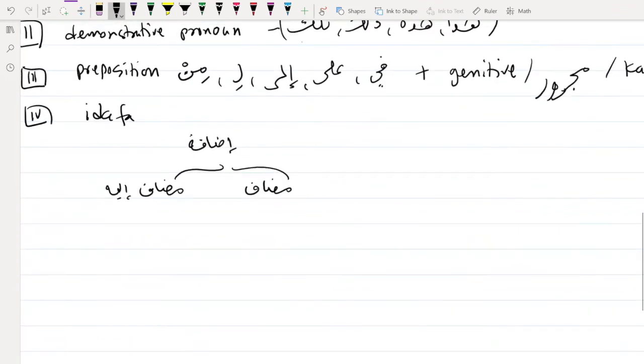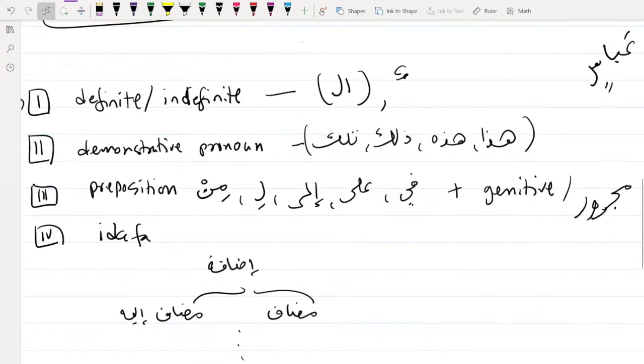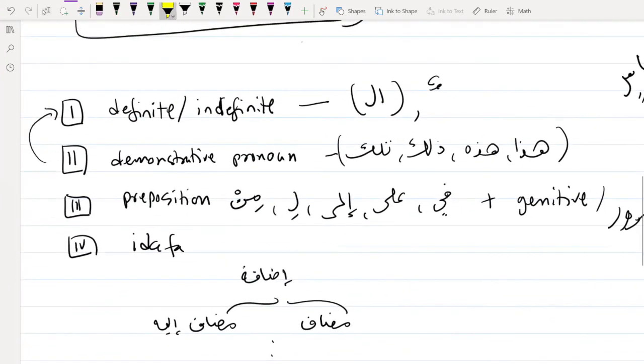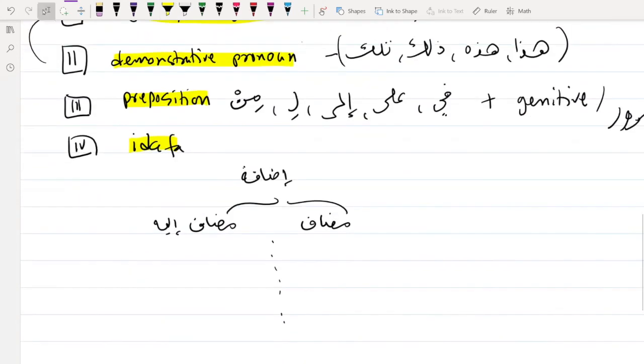And the rules of the mudaf ilayh, we will go over them right now. Because here, honestly, you know, definite, indefinite, we spent so much time, you should know them already. You add alif lam and you remove tanween, right? Simple as that. Demonstrative pronoun, we already been covering. Preposition, I told you, is extremely simple. After preposition, you just put a kasra for now, right? Just put a kasra. Idafa has some things that we might want to review.